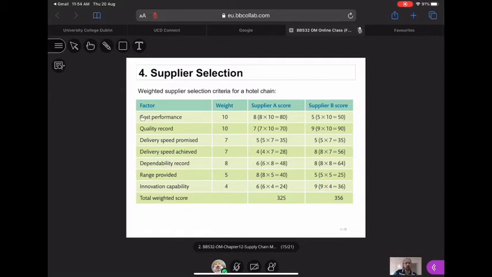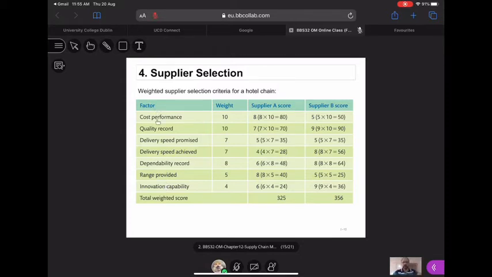Let me show you: 1, 2, 3, 4, 5, 6, 7. The first one is cost performance, quality record, delivery speed promise and achieve, dependability, range, and innovation. So this hotel came up with 7 factors.